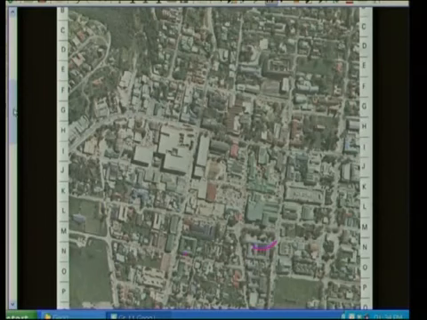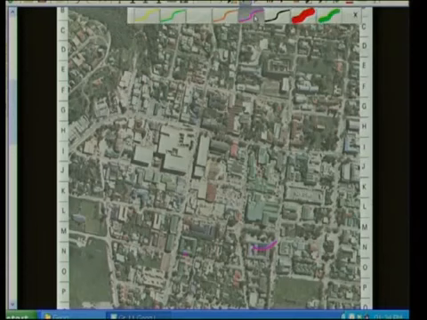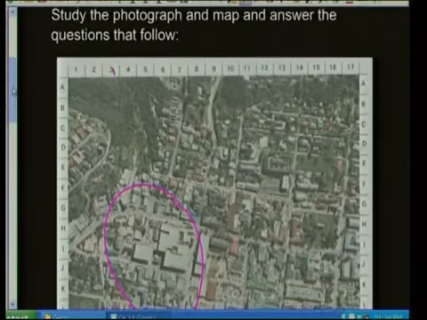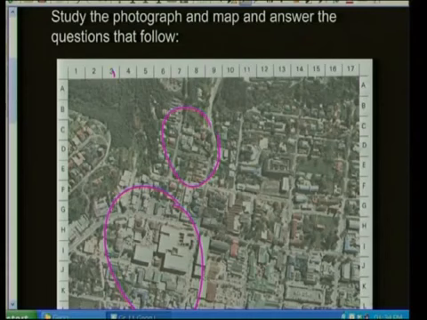I think there's a slight little mistake on the letters that I've given to you. But let's look at the two areas itself. I'm just going to take two areas down here. Okay, if we look at this area, which is your CBD, okay? And I'm going to look at this area, which is your residential area.